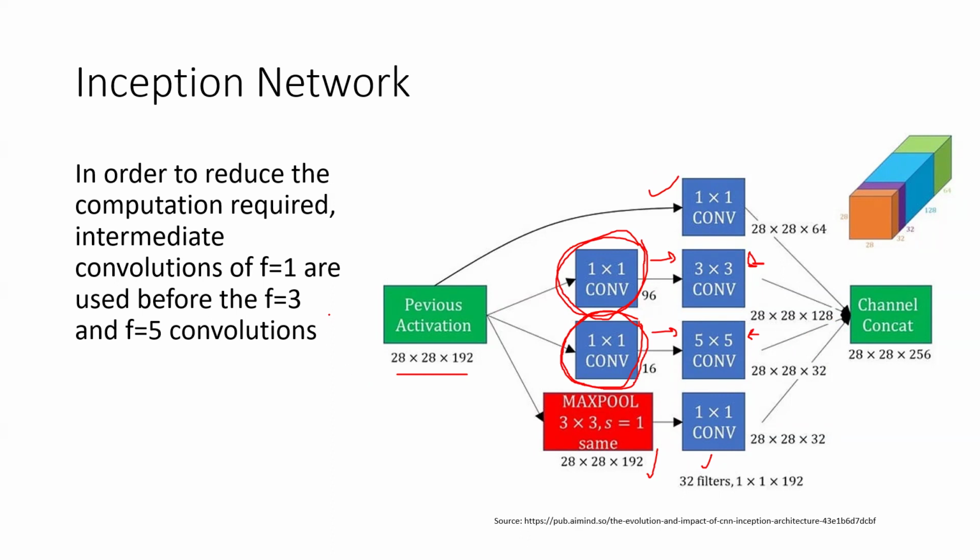So when we get the input tensor, or the activation from the previous layer, we first apply a 1 by 1 convolution, and then apply the 3 by 3 convolution, and another 1 by 1 convolution followed by a 5 by 5 convolution, and max pool with a 1 by 1 convolution to match the dimensions, and then we concatenate all of them together.